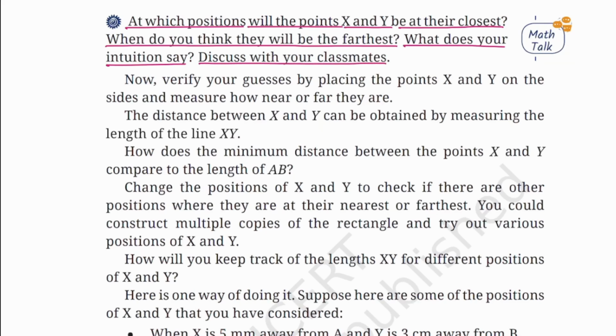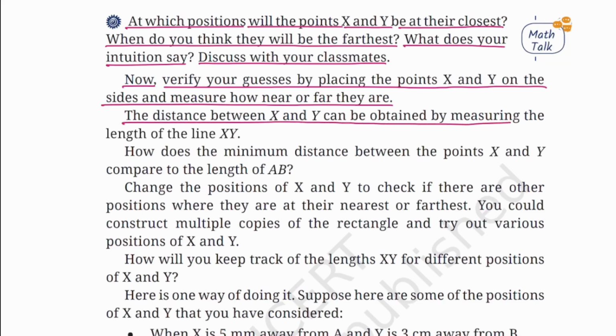Discuss with your classmates. Now, verify your guesses by placing the points X and Y on the sides and measure how near or far they are. The distance between X and Y can be obtained by measuring the length of the line XY.